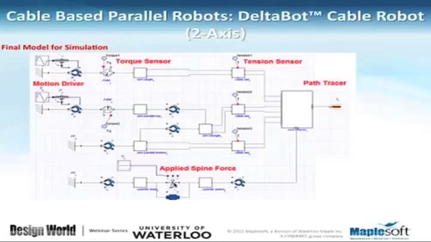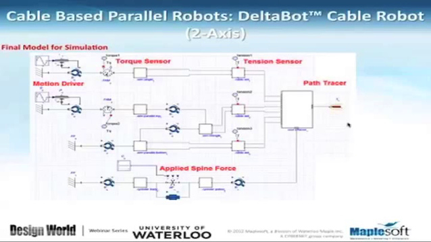And then as you see, we have added, for example, torque sensors to measure the amount of torque that the arms are handling. That is very important for the motor selection. And also at the end, you see that symbol in order to trace the end effector motion. Now, that is the full model of the system.